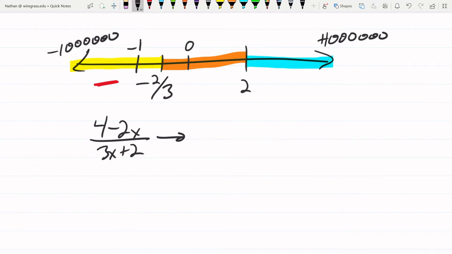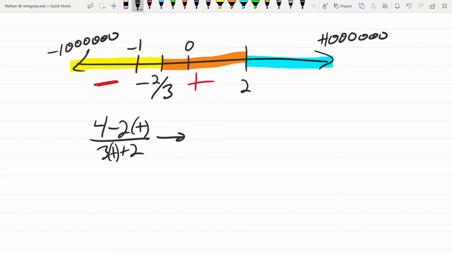Okay, the second interval, let's plug in 0. 4 minus 0, so it's just going to be 4 over 3 times 0 is 0 plus 2. And we get a positive number here. All right, last one, we're going to test a very large positive number. On top, it's going to end up making it negative because -2 times a positive number is negative.